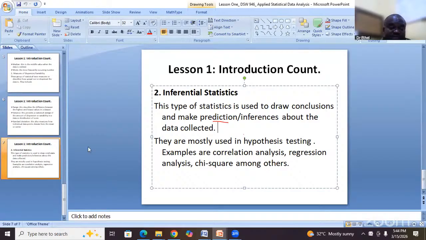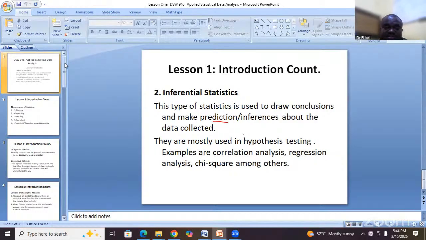We'll be taking it bit by bit. And I will encourage you to get a package we call SPSS, the Statistical Package for the Social Sciences. Get it installed on your laptop.